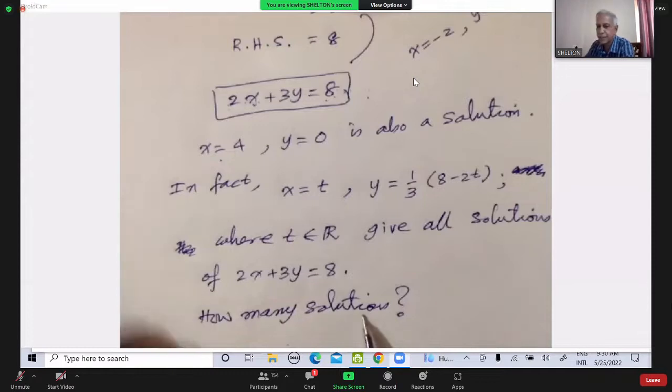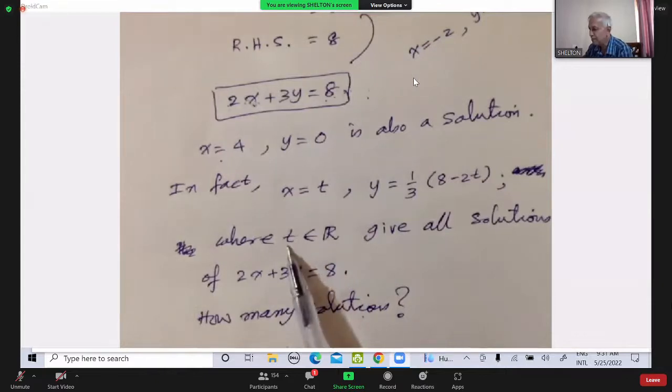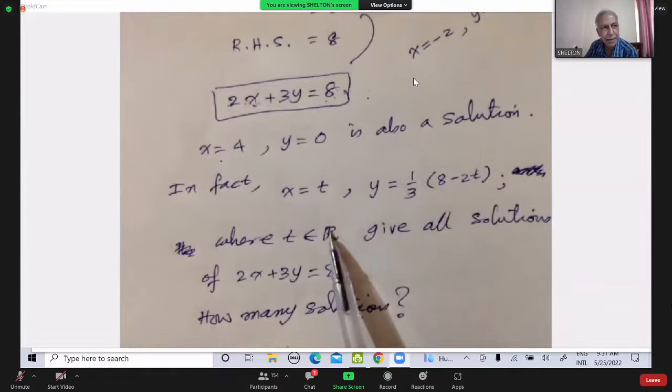So can you answer this question? How many solutions? 5, 7, 2, how many? For every real number you get a solution. So how many real numbers are there? Infinitely many. Finite is when you can count and finish, like 1, 3, 7.